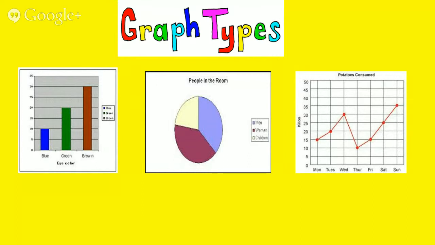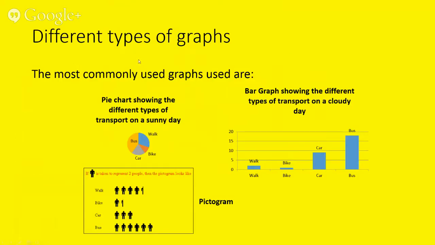Each of these types of graphs is used for specific purposes. Depending on what is required, a specific graph type will be used at that time. Here's another example of different types of graphs. These are the ones that are most commonly used. A pie chart used to show different types of transport on a sunny day.